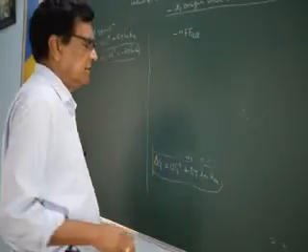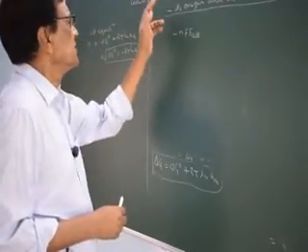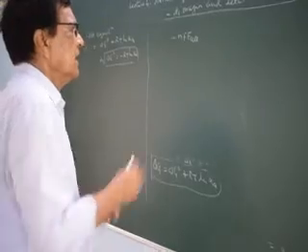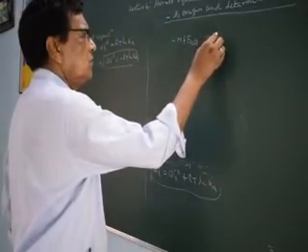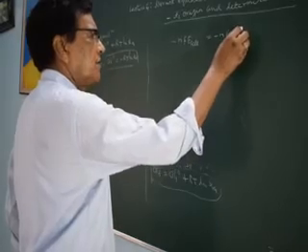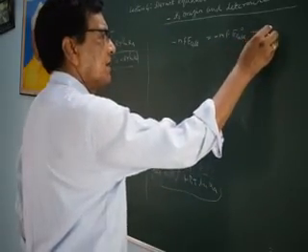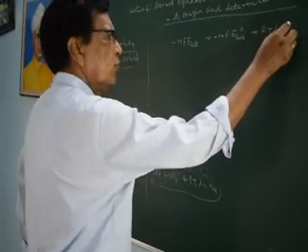We are coming from thermodynamics to electrochemistry to build up the Nernst equation, and this equals minus nF E cell naught plus RT ln QA.